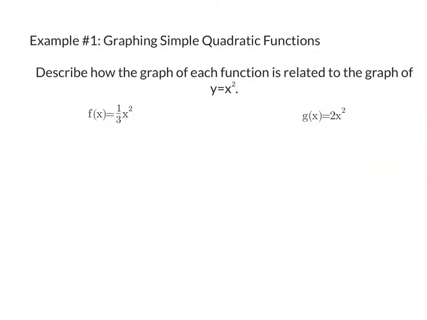So we're going to practice. It says, describe how the graph of each function is related to y equals x squared. First of all, remember we're comparing it to y equals ax squared, so we're looking specifically at the number that comes in front of the x squared. I see on this first one that it's 1/3, and on the second one it's 2.